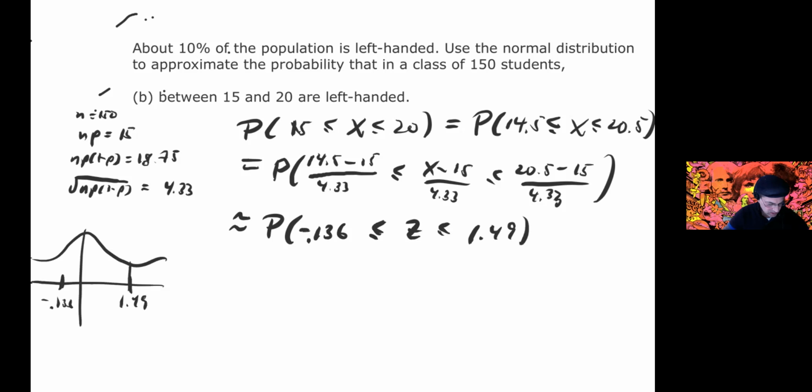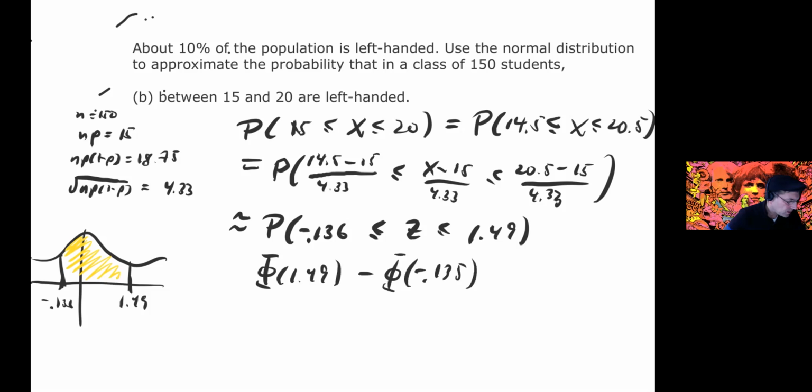That's this region indicated here in yellow, which is the same as phi of 1.49 minus phi of negative 0.136.